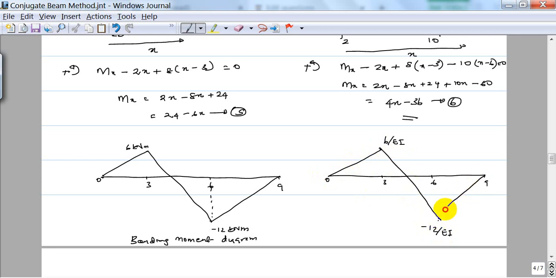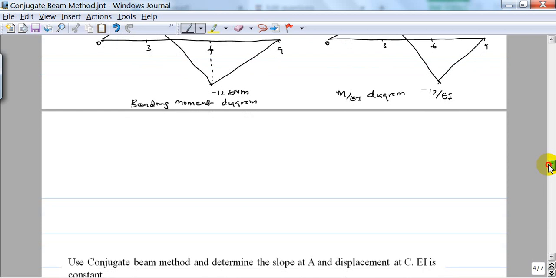Now this is the M over EI diagram. Now if I convert my actual beam to a conjugate beam, then this will be the load that I'll be applying on that beam.